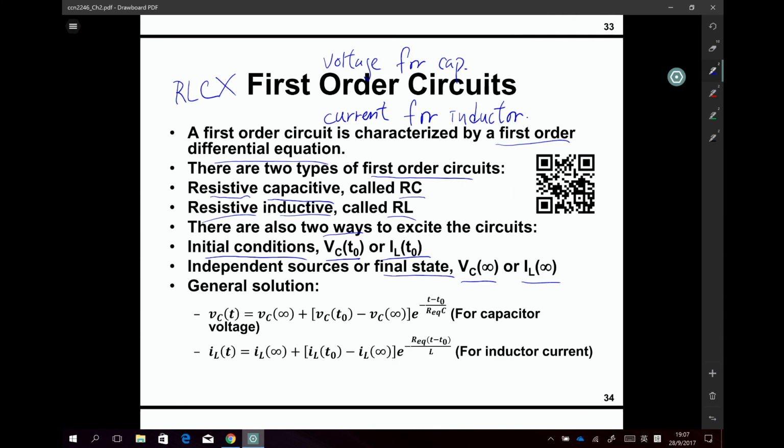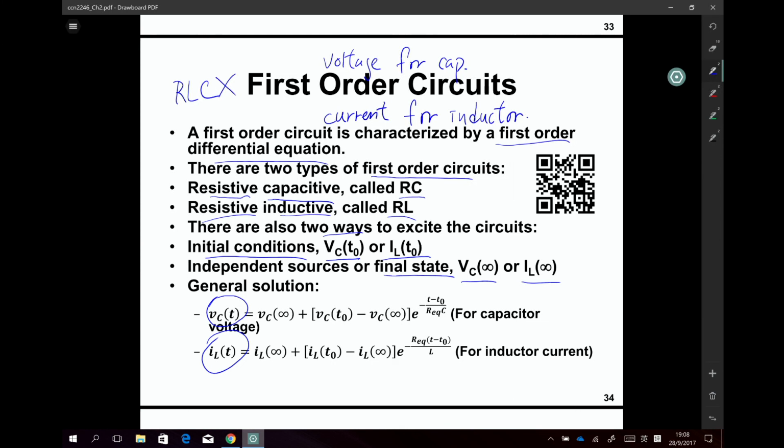Similarly, the voltage of the inductor is discontinuous, while the capacitor voltage and inductor current are continuous. Therefore, we don't consider them directly. Every time we consider a capacitor, we may ask you to find the capacitor voltage. On the other hand, if I give you an inductor, you are going to find the current. Okay?